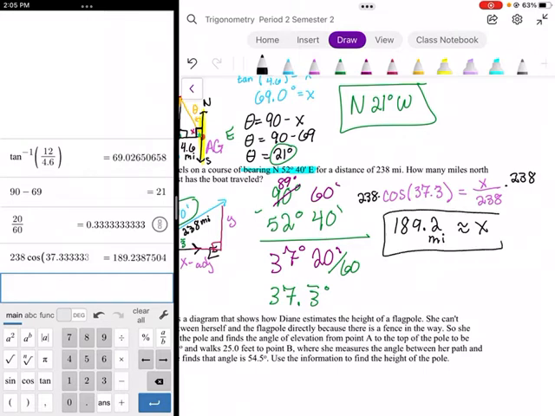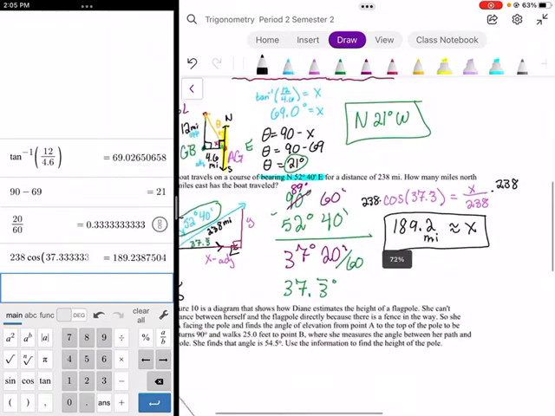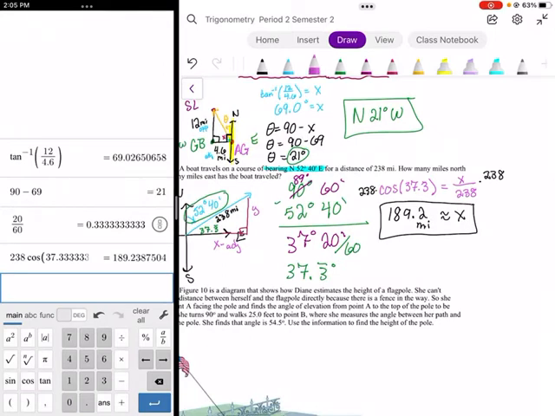Then we'll do the same thing, except with sine, to figure out what our y value is. So we're going to solve this almost the same way, where we're going to multiply both sides by 238.